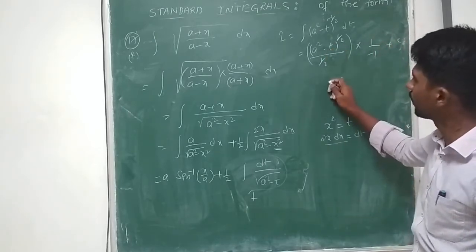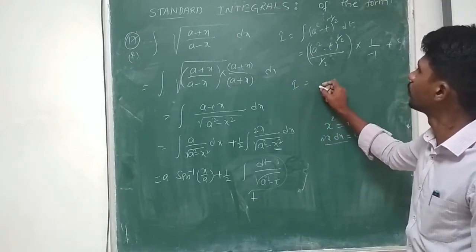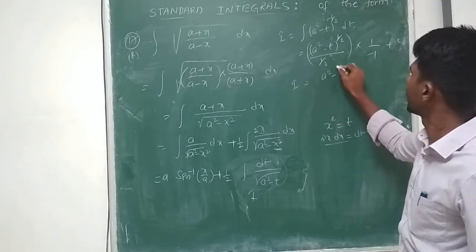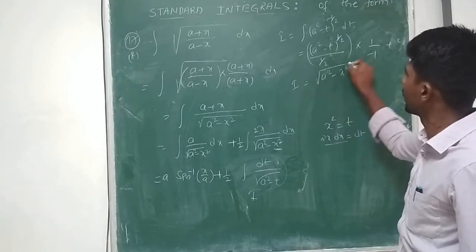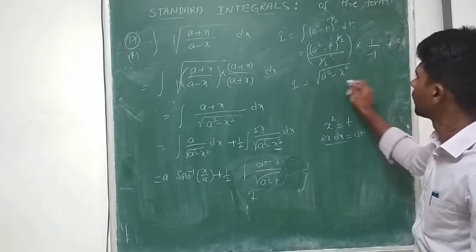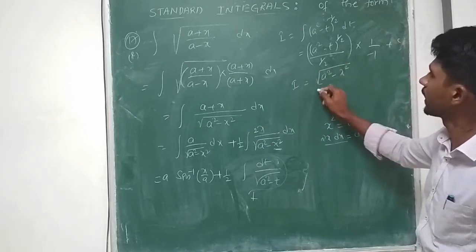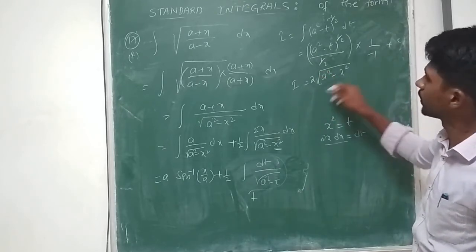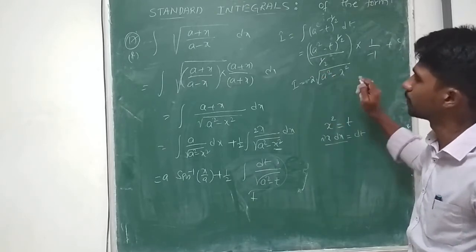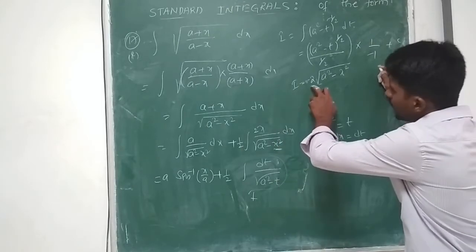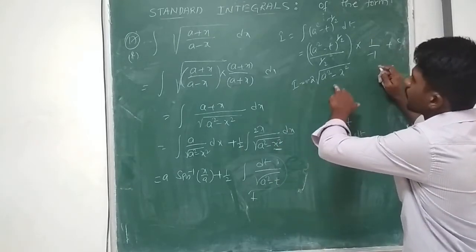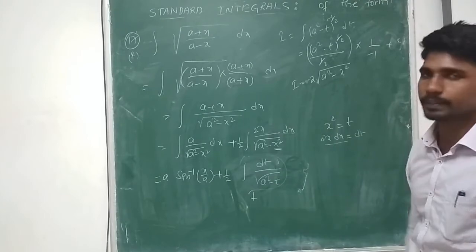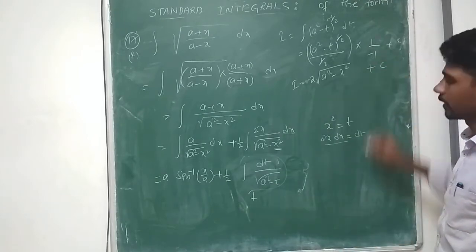Now substitute the value of t. I will be equal to a square minus t, and t is x square, no? A square minus x square under root by 1 by 2. So I can write it as 2 by minus 1. So finally I get minus 2 into root of a square minus x square, plus an arbitrary constant c.